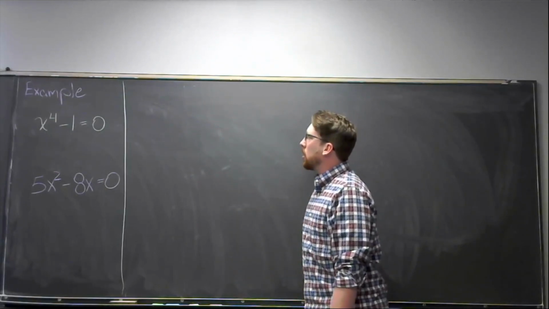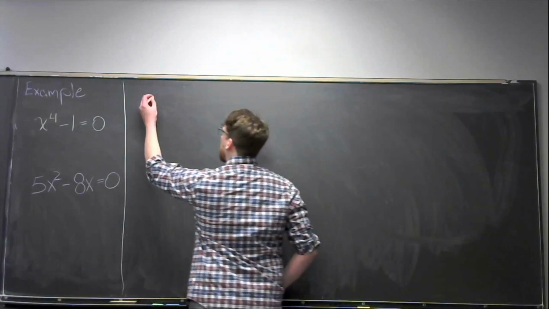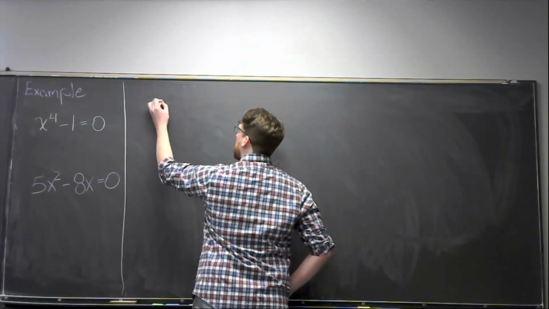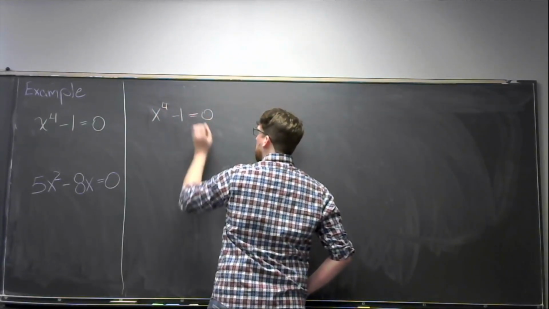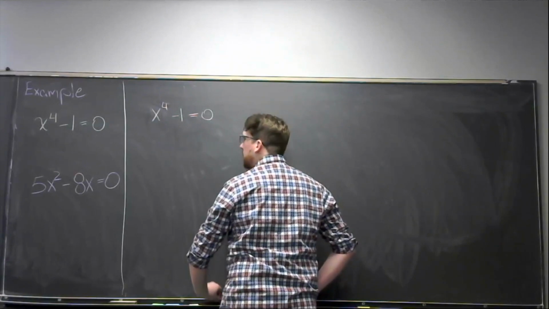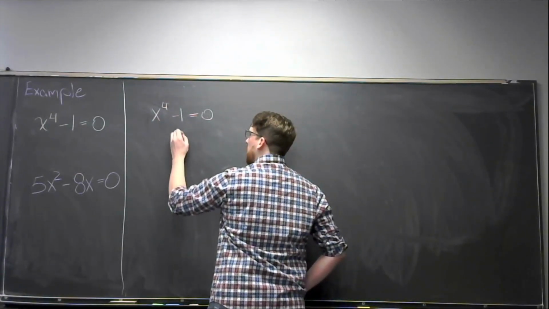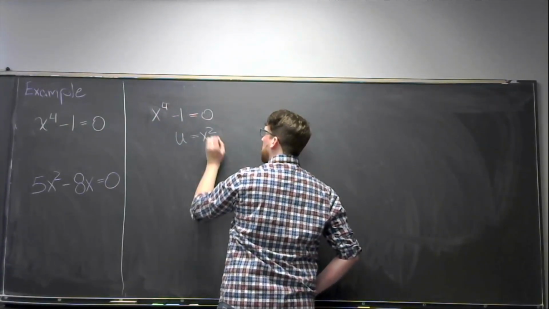Well, one thing we can do is apply a substitution. So we're going to start off by just rewriting everything. x to the 4th minus 1 is equal to 0. And we're going to say, let's make a substitution. Let's imagine for a second that u is equal to x squared.